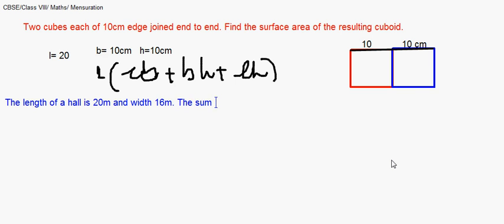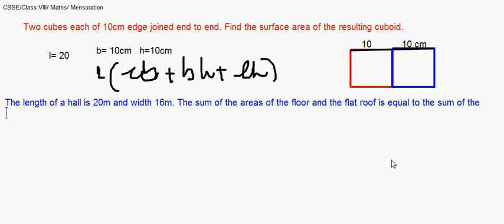The sum of the areas of the floor and the flat roof is equal to the sum of the areas of the four walls.